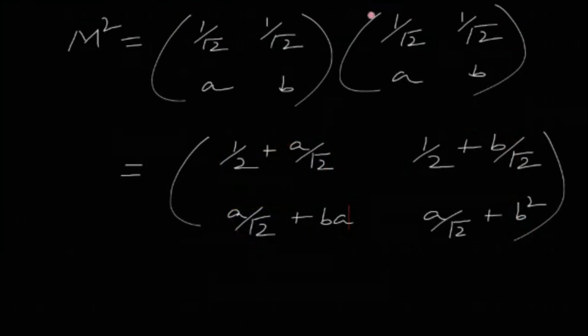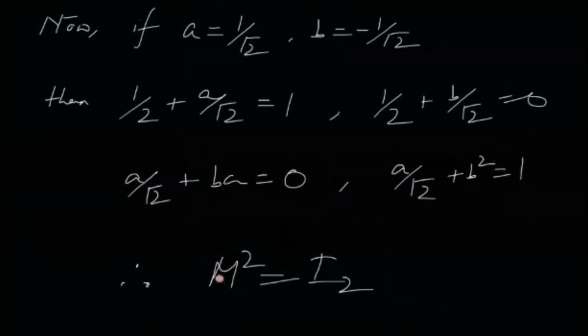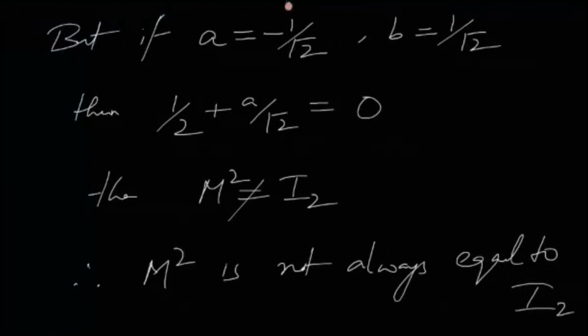So ultimately it becomes an identity matrix. Therefore, M square equals I2 if a equals 1 by root 2 and b equals minus 1 by root 2. But if we take the other case, a equals minus 1 by root 2 and b equals plus 1 by root 2, then we don't have M square equal to the identity matrix. Therefore, M square is not always equal to the identity matrix.